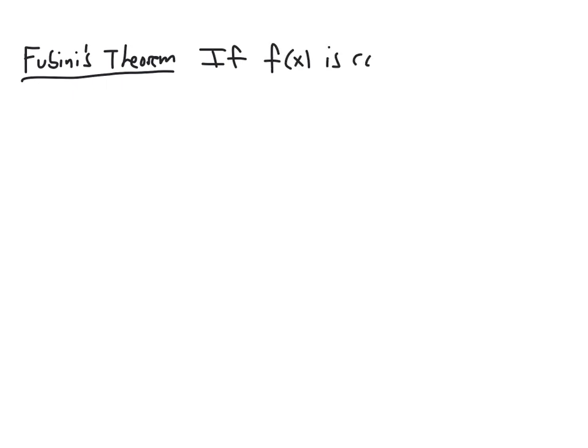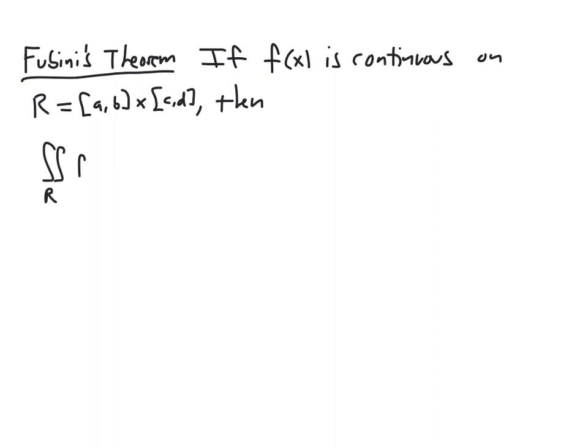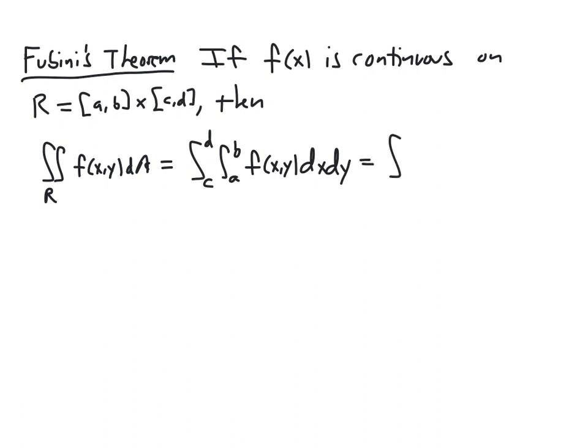It says that if f of x, y is continuous on this rectangular region, a to b and c to d, then the double integral over R that we defined previously is going to equal the iterated integral from c to d and from a to b of f of x y dx dy, and will also equal the iterated integral from a to b, c to d of f of x y dy dx.